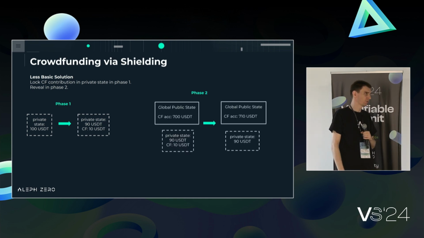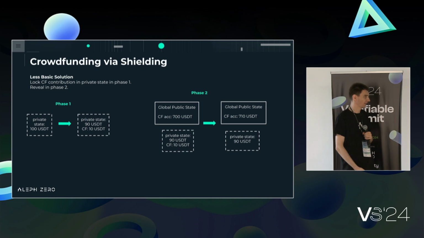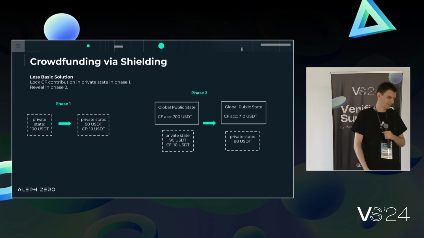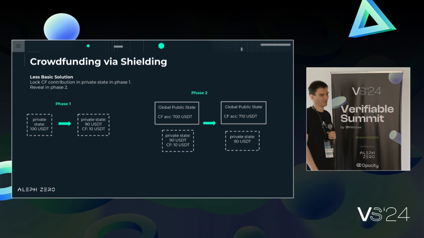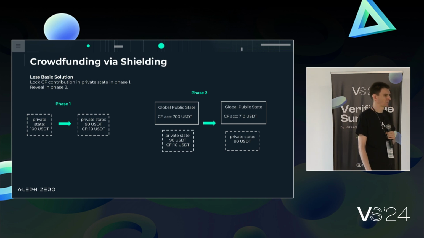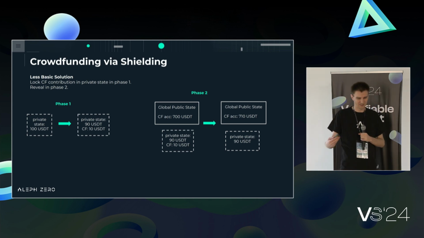And in phase 2, once we stop the contributions, we stop the funding phase, we ask the users to again release the funds somehow. This is again tricky because it's similar to this commit reveal solution where we ask the users to do something for a second time.